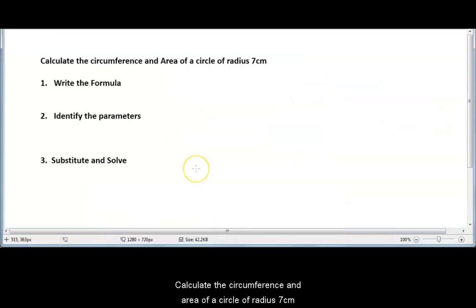Calculate the circumference and area of a circle of radius 7 cm. To calculate the area or circumference of a circle, all you need is the radius. Pi is a constant.